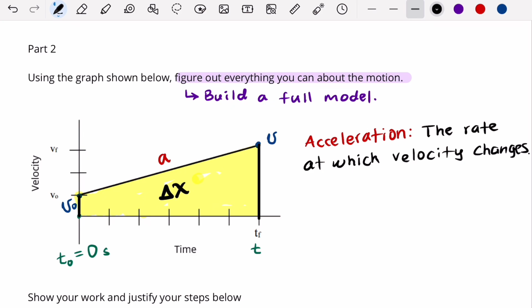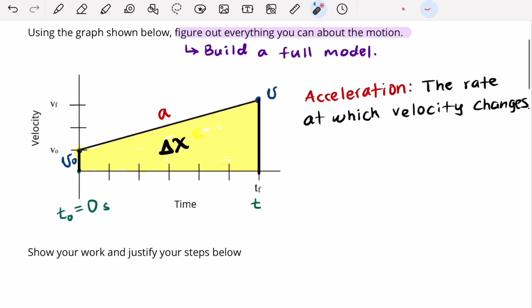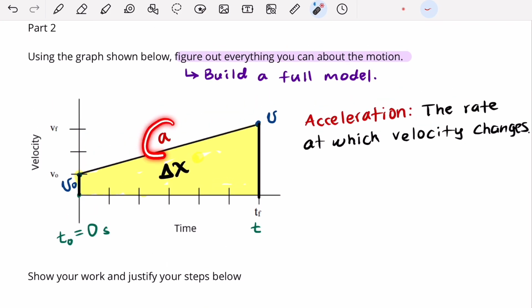So when they say figure out everything you can about the motion, normally that means we're going to find initial velocity, final velocity, acceleration, and displacement. And of course the time interval, which we have over here. And because there are no quantities, we cannot find any numerical answers. However, we can find an equation that will give us acceleration.